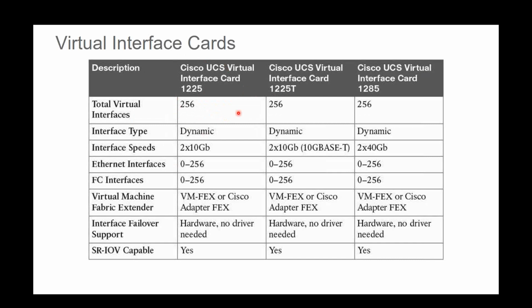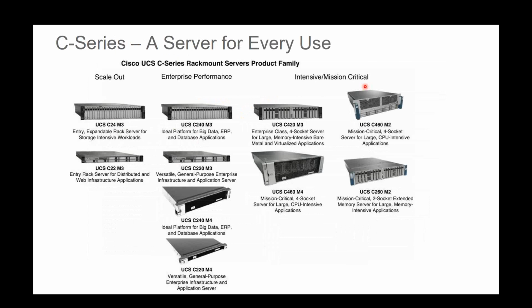I really meant to grab the B series chart for this, but it's the same type of thing you're going to be looking for, 1240, 1280. Like we saw with the B series, it's the same kind of thing on the C series server here. When we first bought ours, there were maybe 3 models of each with the M1s, but Cisco's done really good about getting a lot of different models to hit any needs.